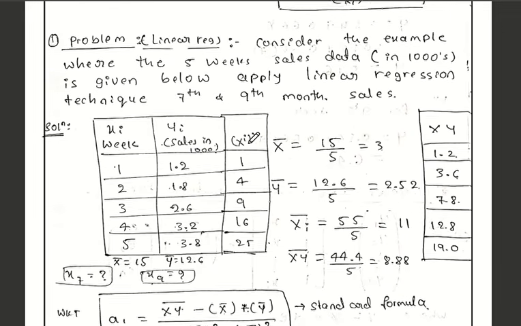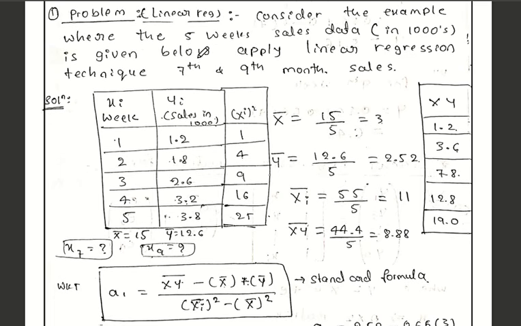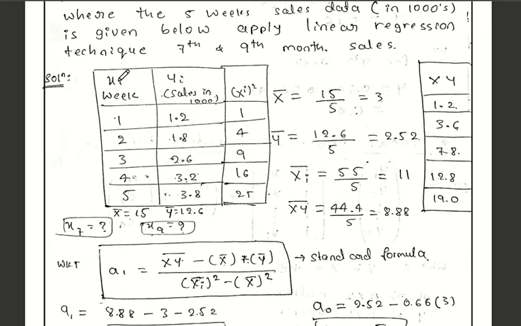Let's see the problem. Linear regression: consider an example where 5 weeks of sales data in thousands is given below. Apply the linear regression technique to predict the 7th and 9th month. Here they only give this table.